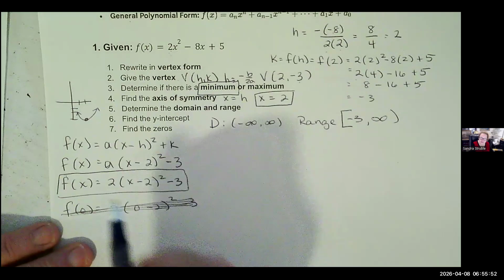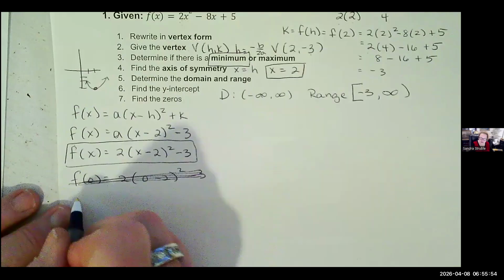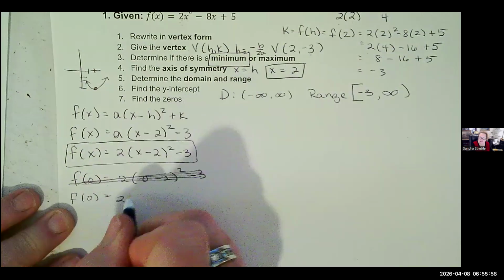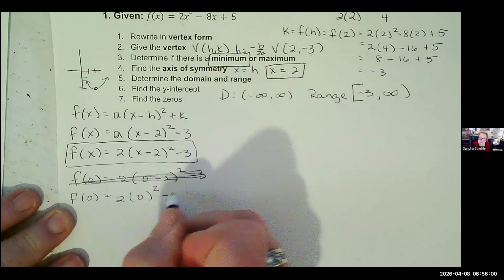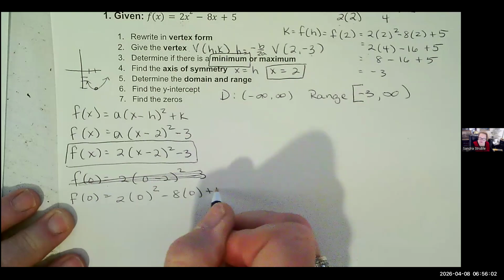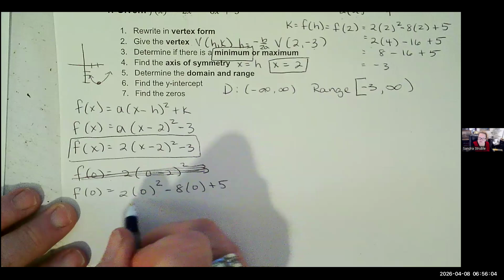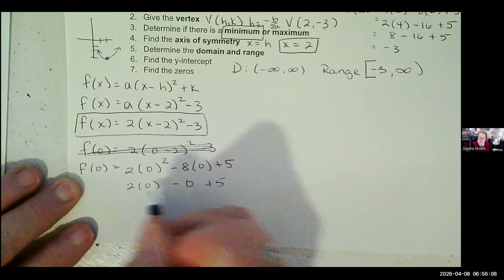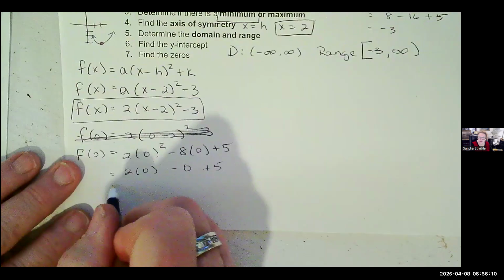Let's not lose more points. So f of 0 is 2 times 0 squared minus 8 times 0 plus 5. 0 squared is 0, so 2 times 0 minus 0 plus 5 is 5. So (0, 5) is my y-intercept.